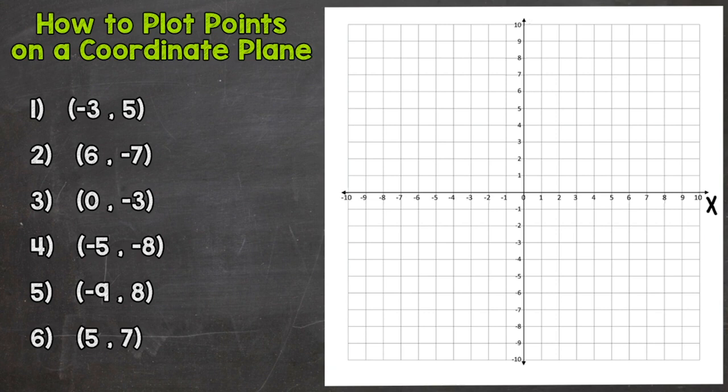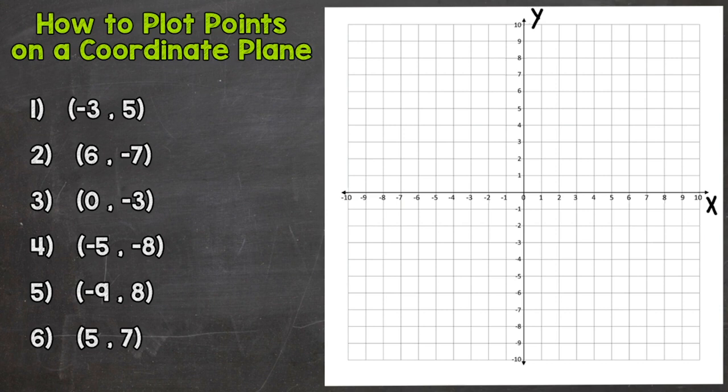Now the second thing we need to know is that the vertical or up and down axis is our y-axis, and I'll label that one as well, so that will help us as we go through our 6 ordered pairs that we're going to plot. So now that we know which one's the x-axis and which one's the y, we can get into plotting these points. So let's jump right in to number 1.